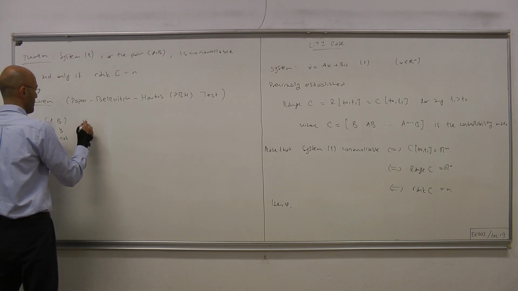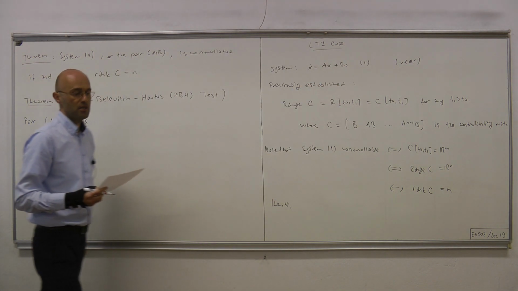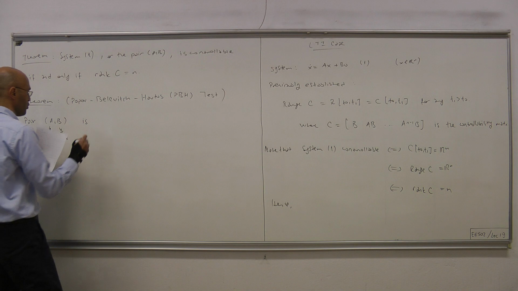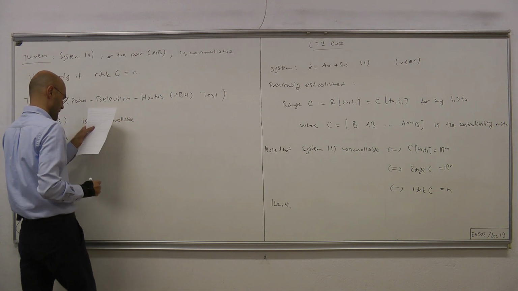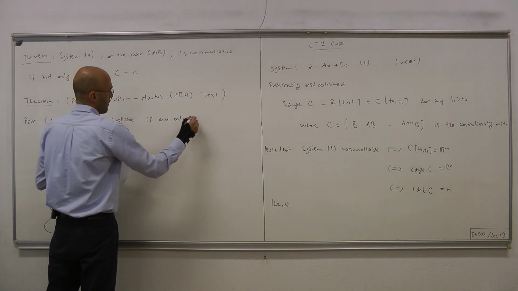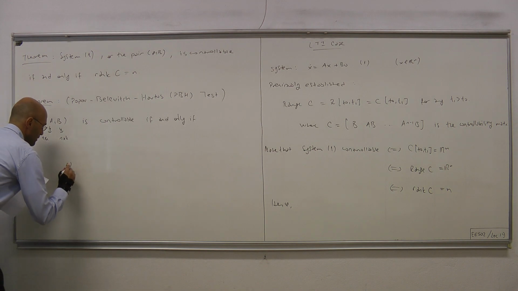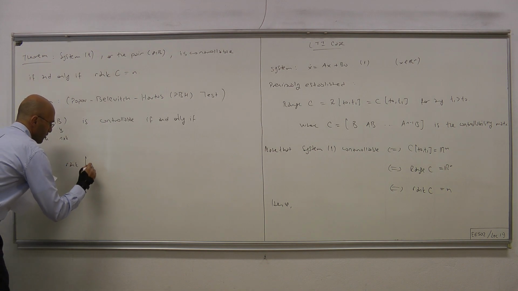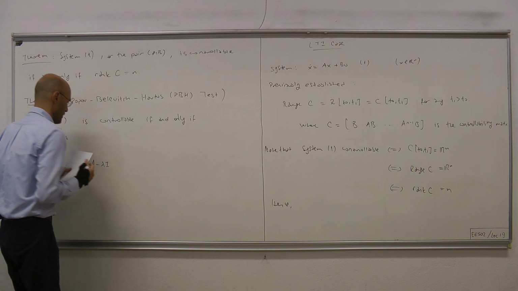The pair AB, or the system x dot equals Ax plus Bu, is controllable if and only if the rank of the matrix [A minus lambda I, B] equals n for all complex numbers lambda.